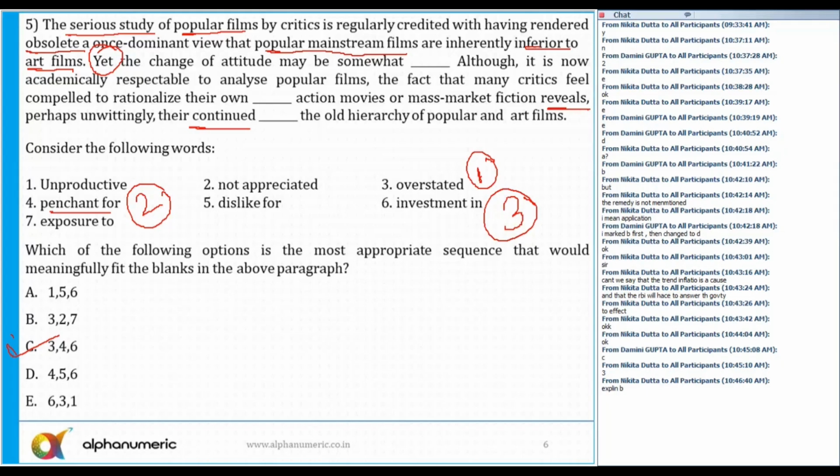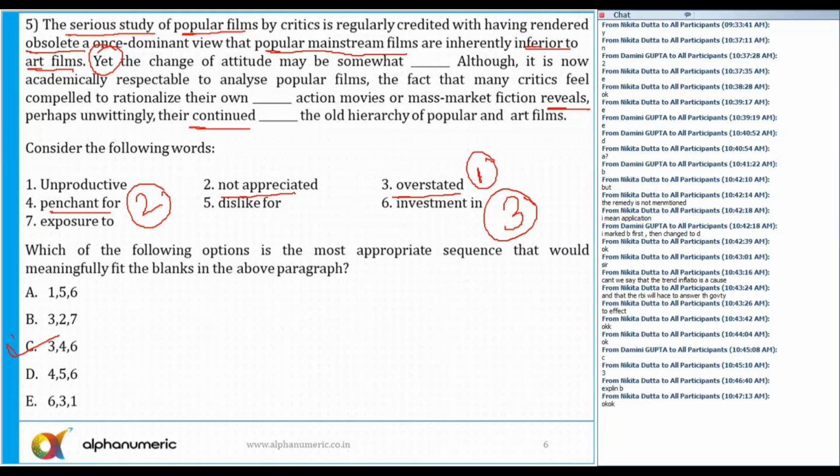Explain B. Explain B. Overstated is all right, but in the second blank, you want not appreciated, Nikita. Although it is now academically respectable to analyze popular films, the fact that many critics feel compelled to rationalize their own not appreciated action movies will not make sense.